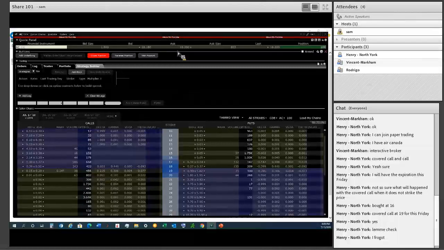You forgot? Okay. Well, you'll get the option premium plus whatever the stock move is, which if it stays where it's at, you'll make over $2 on the stock. Plus, if it goes right to 19, you make another dollar plus the premium. So that's pretty good. It's a good trade.